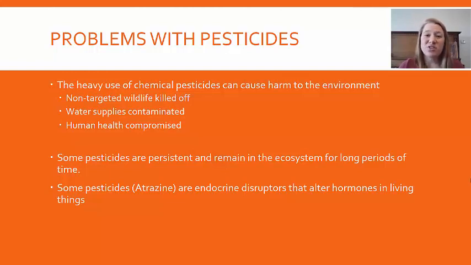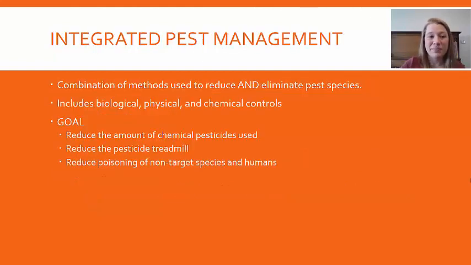And remember, endocrine disruptors actually change the hormones of living things. There are documented cases of some of these endocrine disruptors actually changing the sex organs of amphibians, turning male frogs into reproductive female frogs. And that's because of an exposure to this particular pesticide.